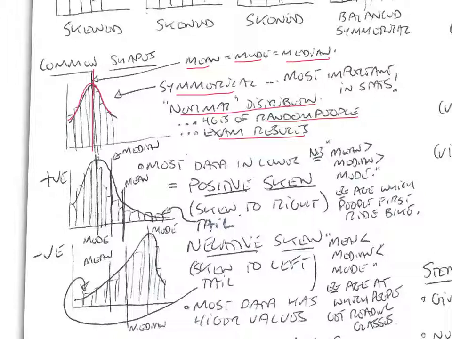The second type of common shape is a shape that has a positive skew, and we say that it's skewed to the right. Its tail is on the right hand side, and the important thing about this data is that the mean is greater than the median, which is greater than the mode.